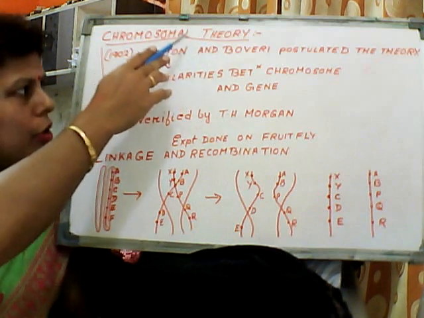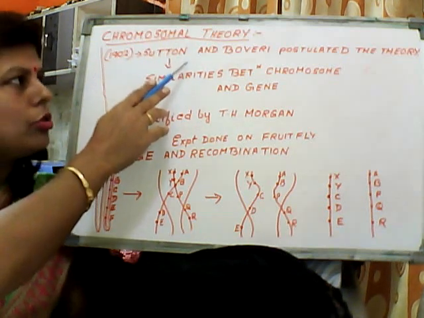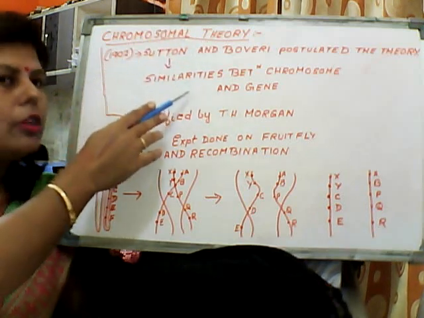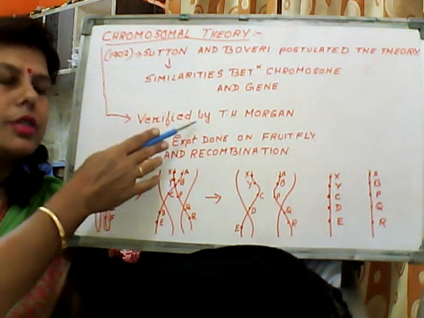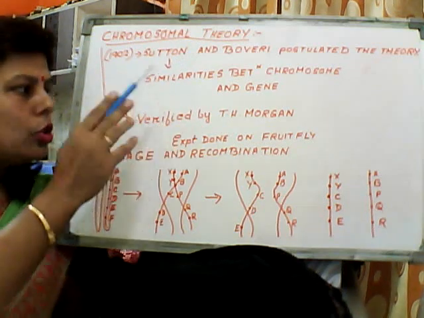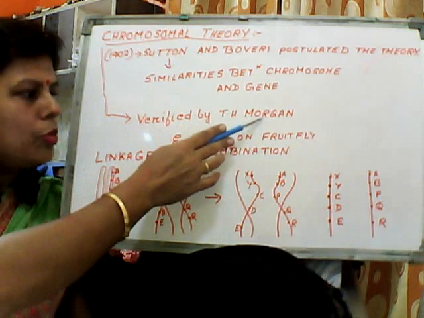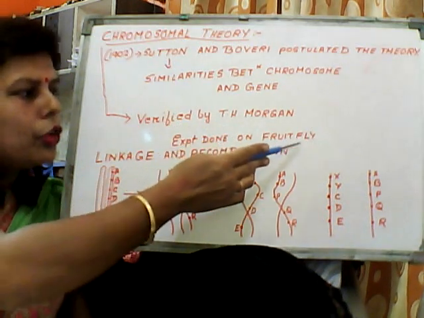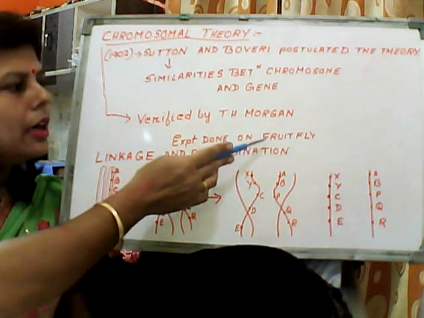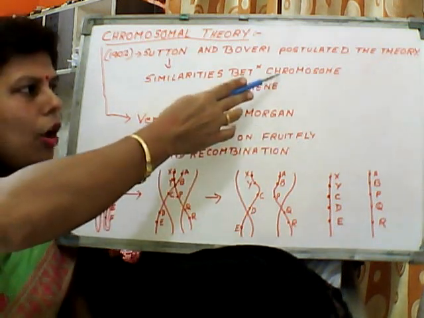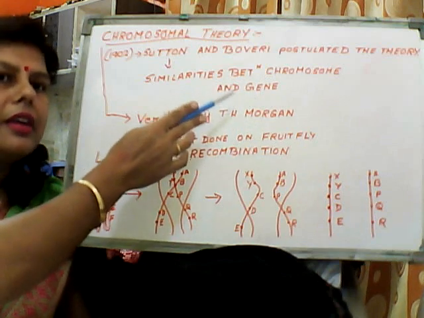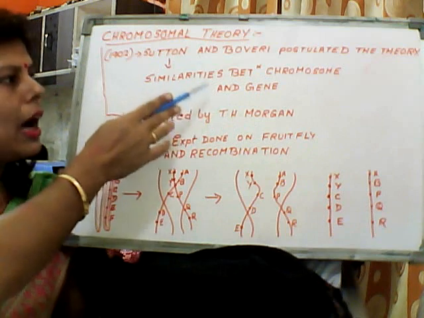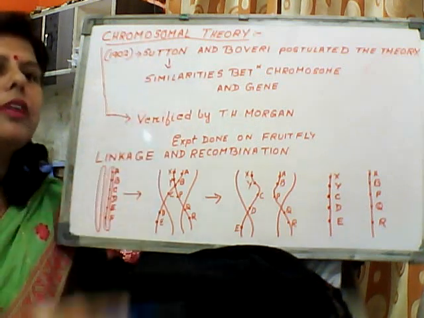Another thing children, you should know: whenever a theory is given, there is always someone who tries to verify it using some other organism. So it was verified by T.H. Morgan, who performed the experiment using the fruit fly and found that the behaviors of chromosomes and genes are almost similar. So ultimately the chromosomal theory was given.